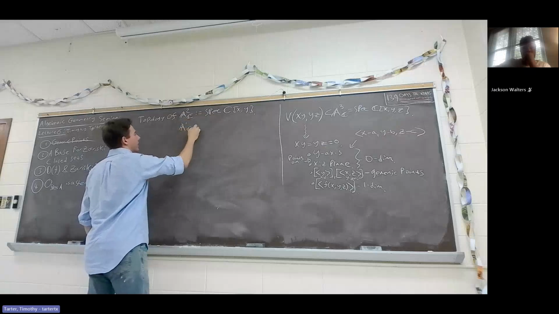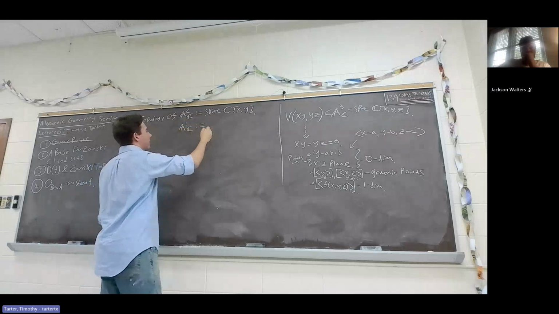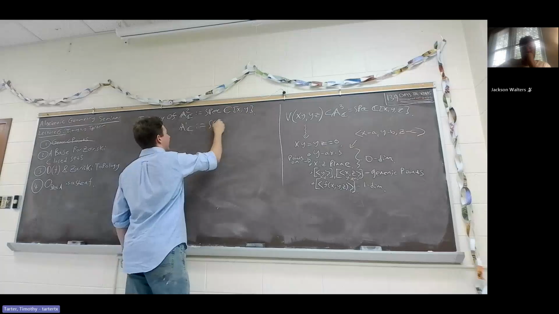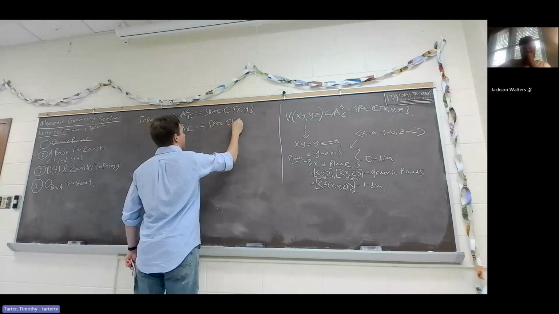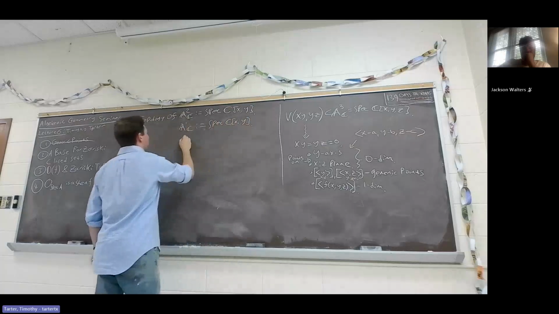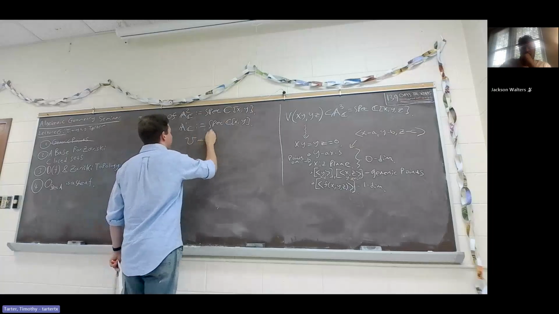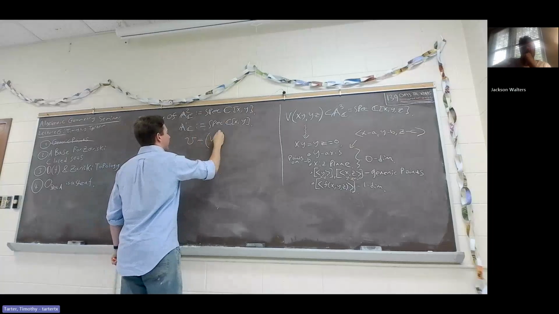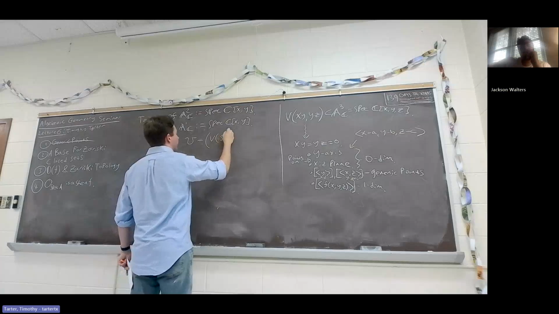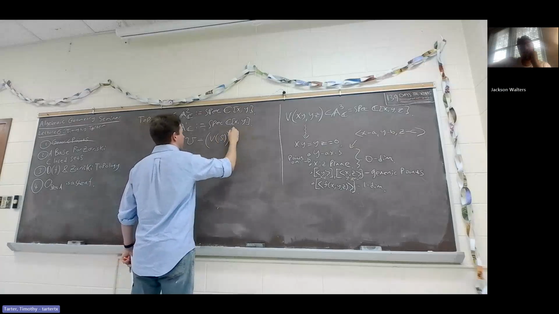It's boring. So A1C is Spec C[X, Y], and an open set U is going to look like the complement of the vanishing of some subset of C[X, Y].